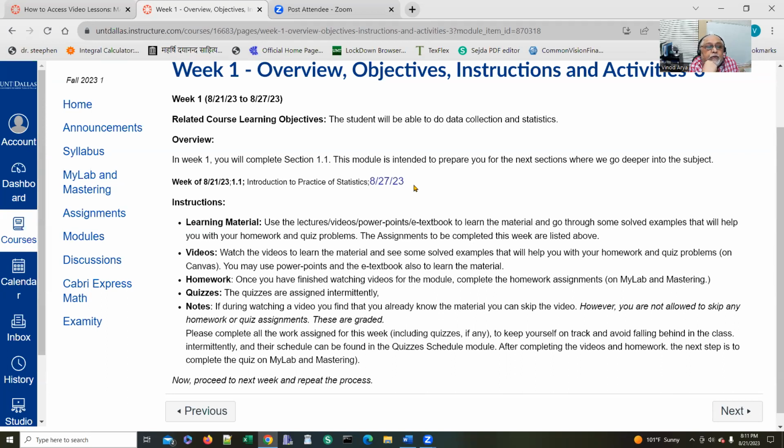I didn't want to split the three assignments, one and then a one-day gap, then the second assignment, then a one-day gap, and so on. So I have not divided them according to that pattern. What I am saying is that you submit all three assignments by 8/27, or mostly it is Sunday, and that gives you flexibility.